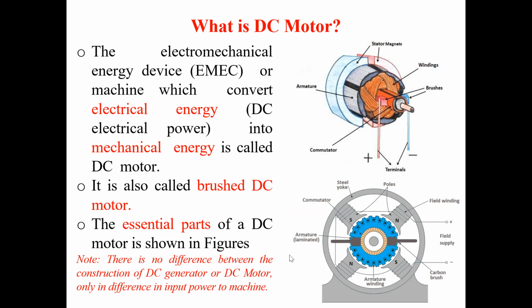We are discussing the DC motor because in earlier classes we have already studied about the DC generator, and now we will discuss the various characteristics, operating principles, and application of a DC motor. So let us just review their constructional feature.